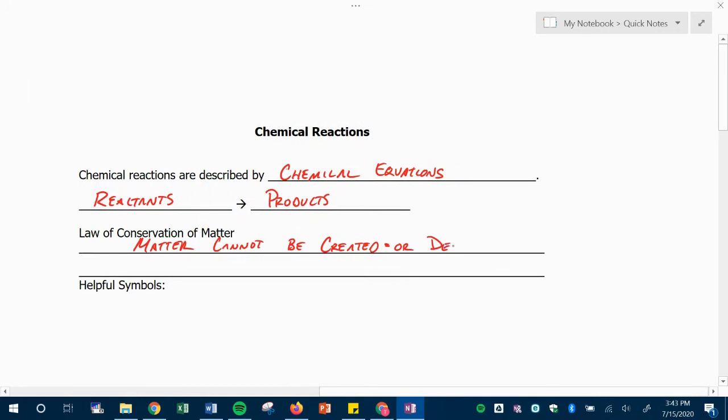It says energy can't be created or destroyed. But in chemistry, we care about the idea of matter. And so it says matter cannot be created or destroyed, meaning all atoms in a reaction must turn into products.